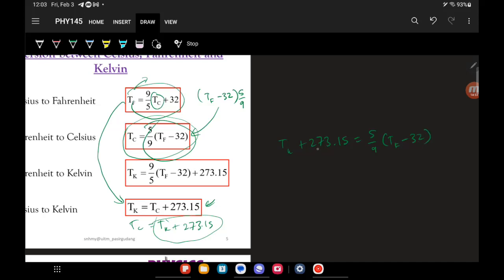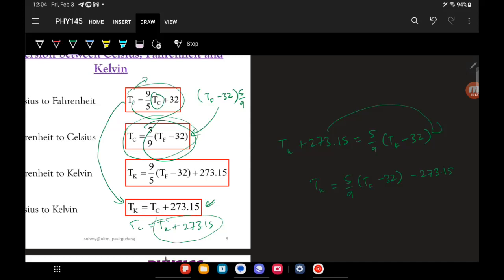Just move this one to the side, then it will right away give you the equation you require. Just play about with the algebra a little bit here and there, or you can simply do it one at a time.